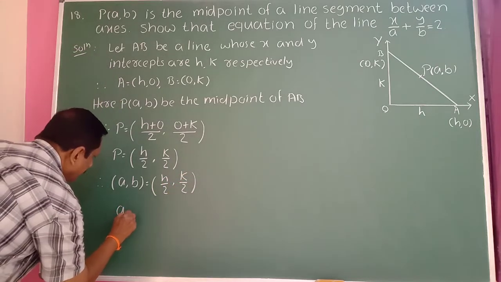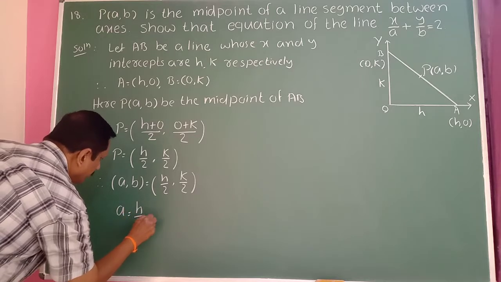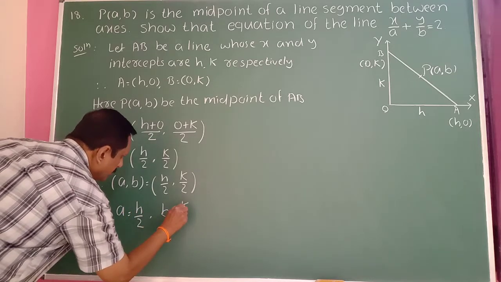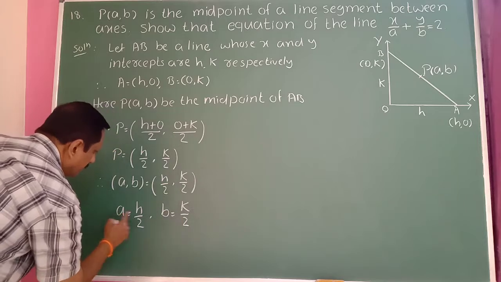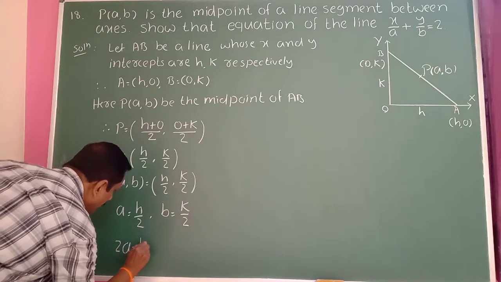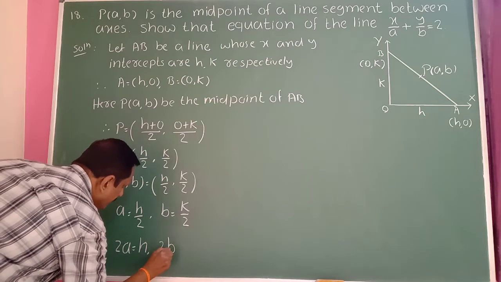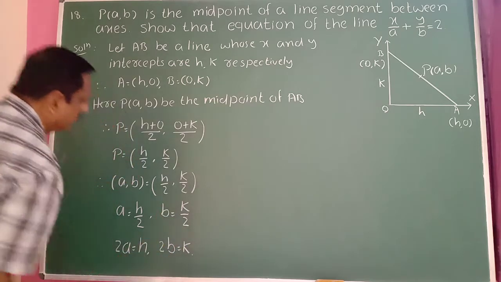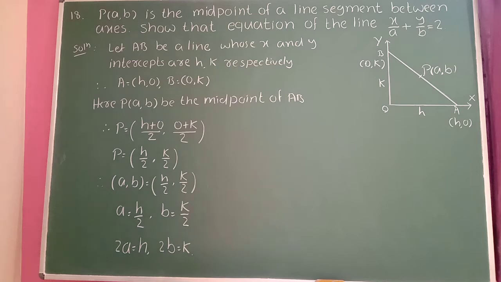Therefore, a is equal to h/2 and b is equal to k/2. Cross multiply. So 2a is equal to h and 2b is equal to k. h is equal to 2a and k is equal to 2b.